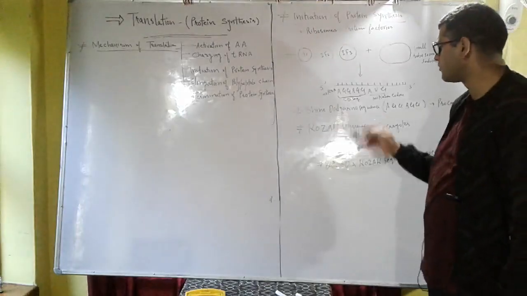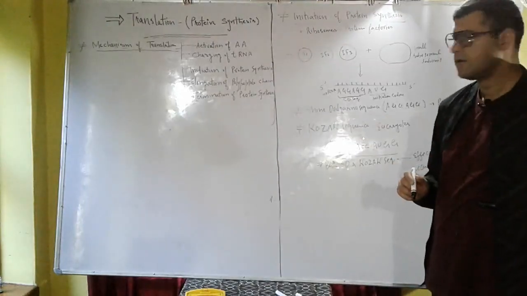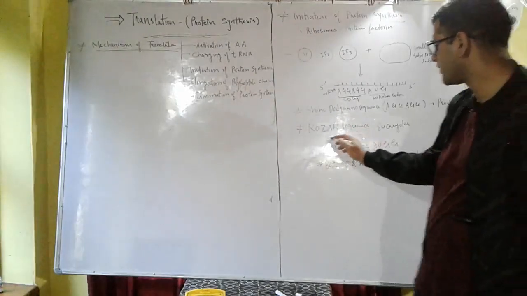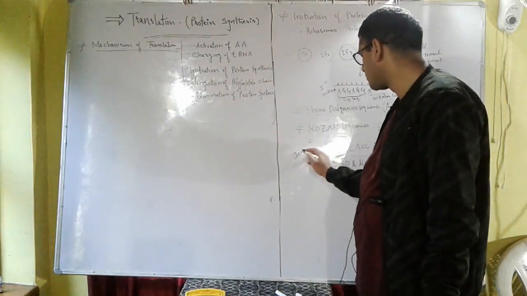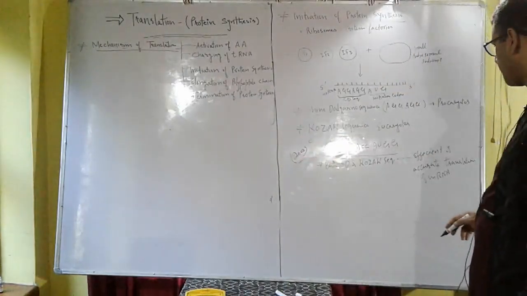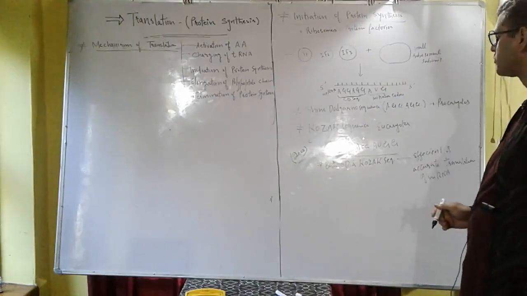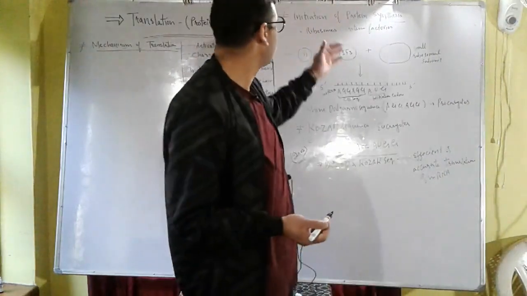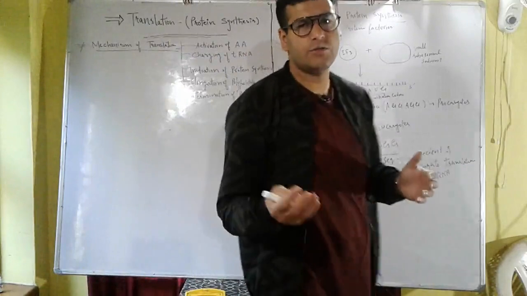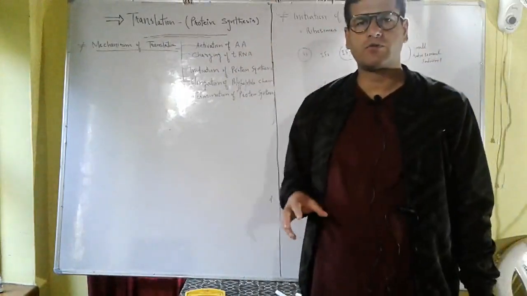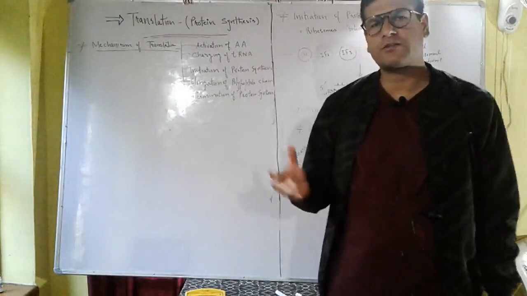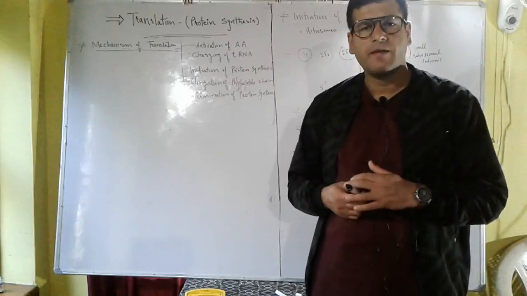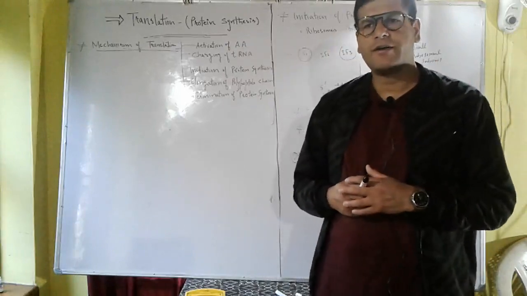The Shine-Dalgarno sequence was discovered by two scientists, Shine and Dalgarno, and the Kozak sequence was discovered by Kozak in 2002 in eukaryotes. During initiation, the small ribosomal subunit joins with the initiation factors, and this complex then binds to the messenger RNA.